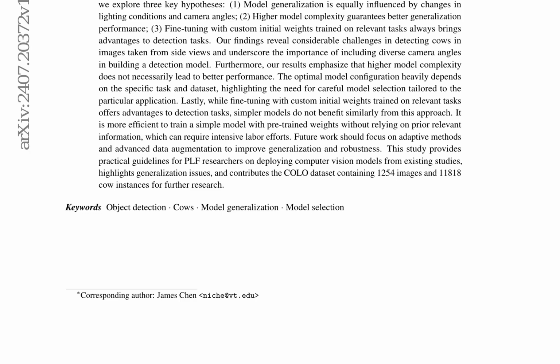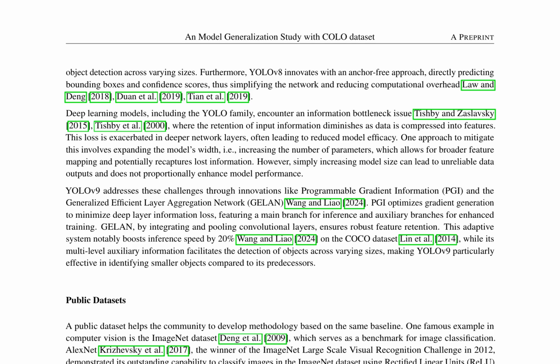This study's findings reveal considerable challenges in detecting cows in images taken from side views and underscore the importance of including diverse camera angles in building a detection model. Furthermore, the results emphasize that higher model complexity does not necessarily lead to better performance. The optimal model configuration heavily depends on the specific task and dataset, highlighting the need for careful model selection tailored to the particular application.